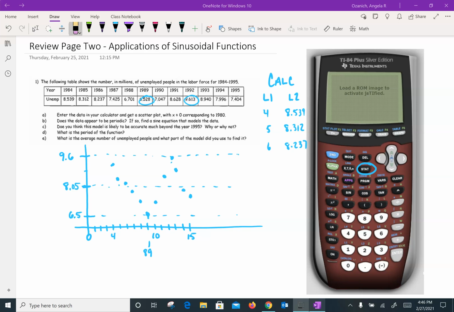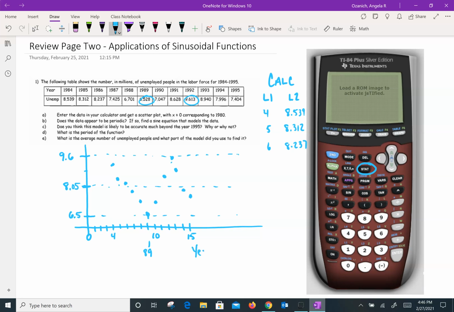Okay, so the following table shows us some data about the number in millions of unemployed people in the labor force between 1984 and 1995. Because I didn't want you to have to watch me create a scatter plot, I created a quick little scatter plot of the year versus the unemployment in millions.